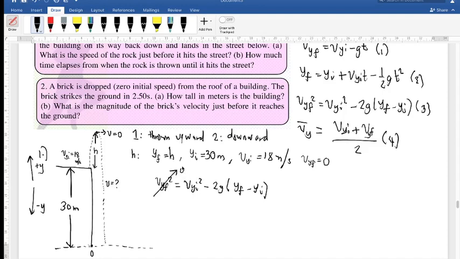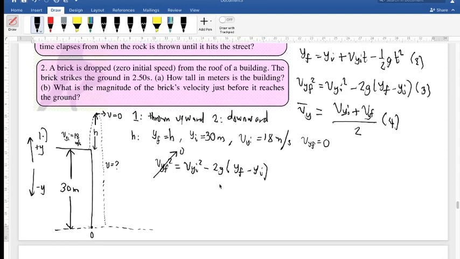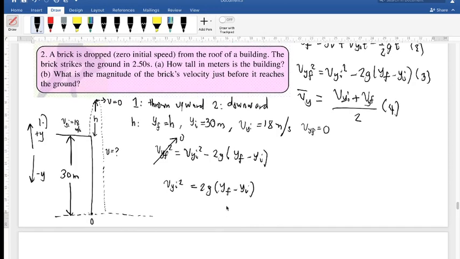Vyf squared is 0, so what's left is vyi squared is equal to 2g times (yf minus yi). Your yf is your height, the maximum height.